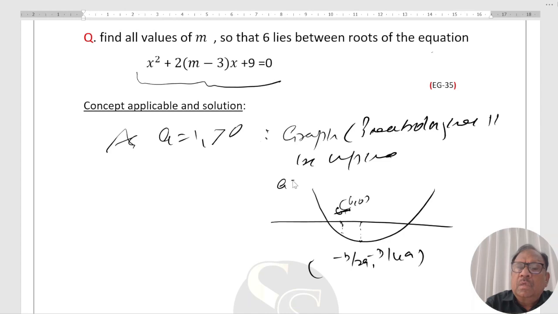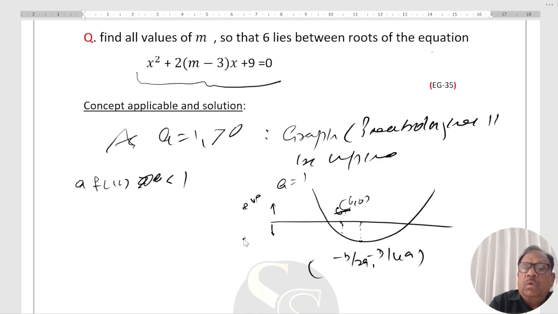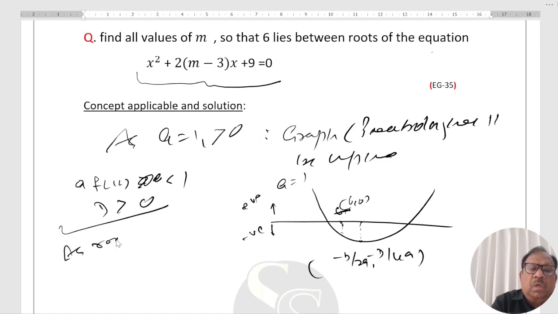A is equal to 1. So, a f k should be less than 0. ये negative value आ रहे हैं, ये upper positive है, lower value negative है, right? And D should be greater than 0 as roots are definitely distinct.